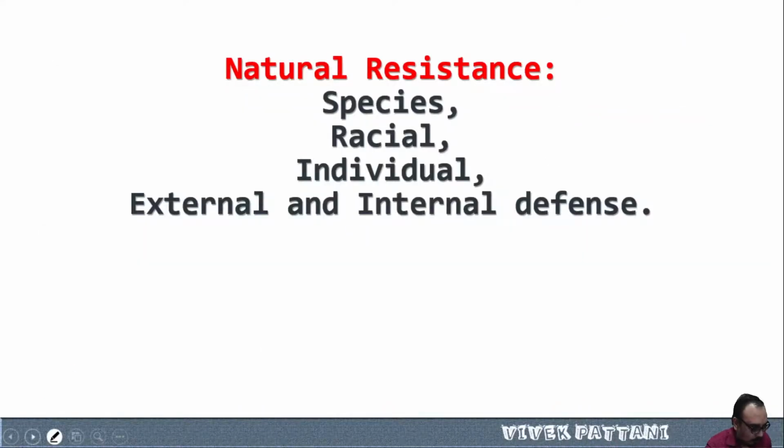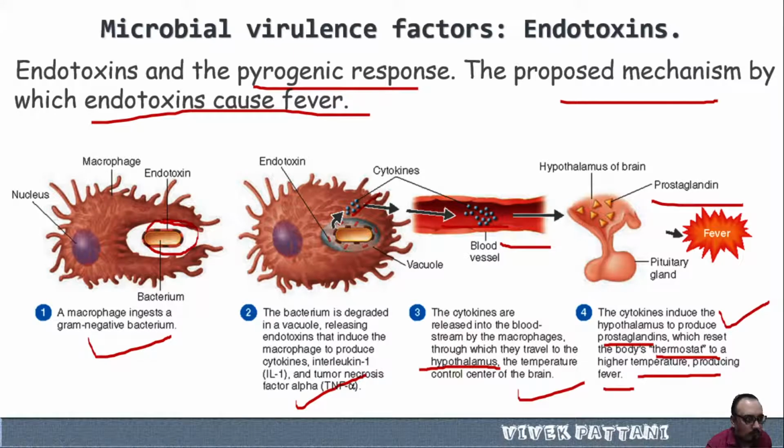This is how endotoxins work. Before moving on, I would also like to give you an example of an exotoxin, streptolysin. Streptolysin O is produced by Streptococcus pyogenes, and streptolysin O is inactivated by oxygen.